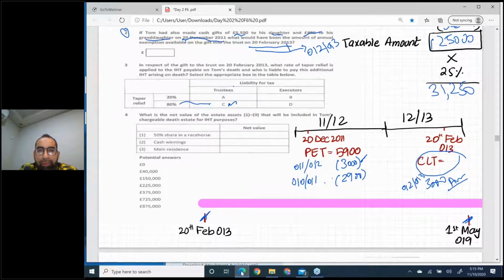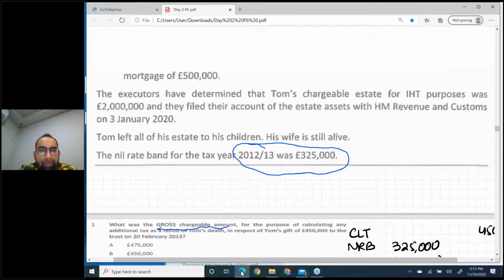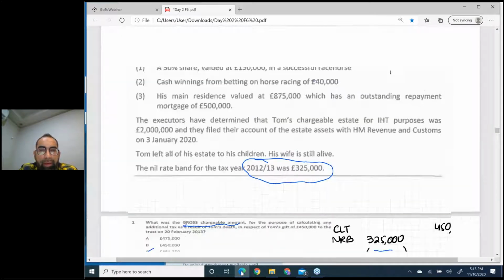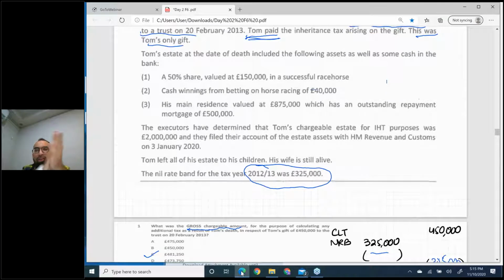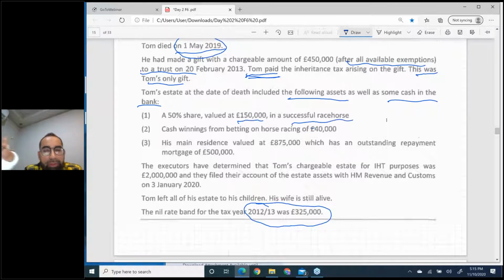Now we are moving to the question part again. Tom's estate. Tom's estate means death estate. Now we are going to calculate death estate, just as I taught you. Tom's estate at the date of death included the following assets as well as some cash in the bank. A 50% share valued at 150,000 in a successful race horse.